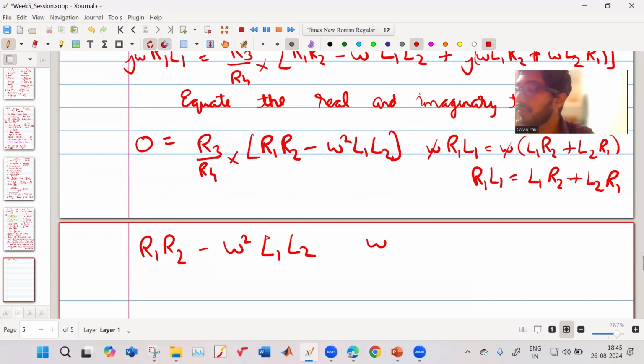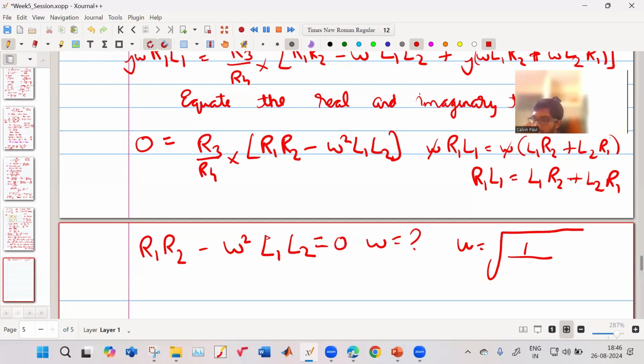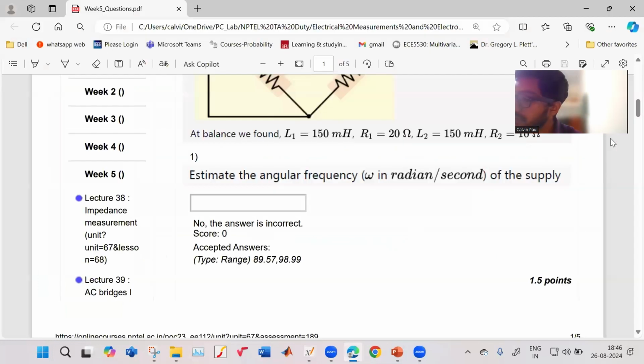So what is my omega? It comes under the root, so omega is equal to the square root of R1 R2 by L1 L2.